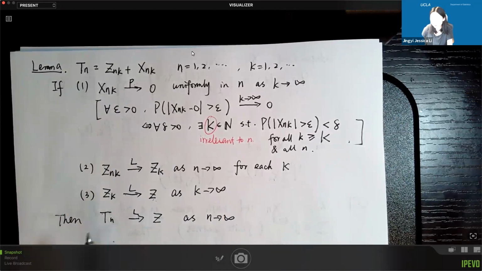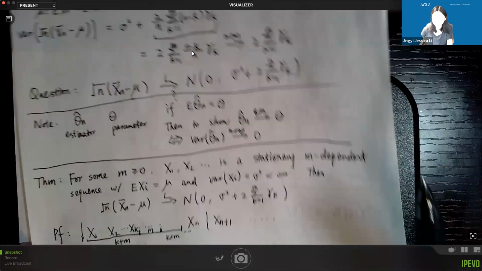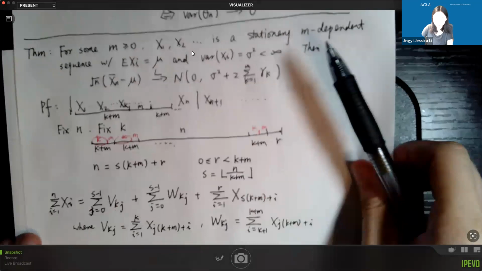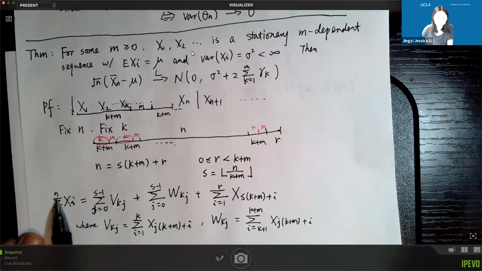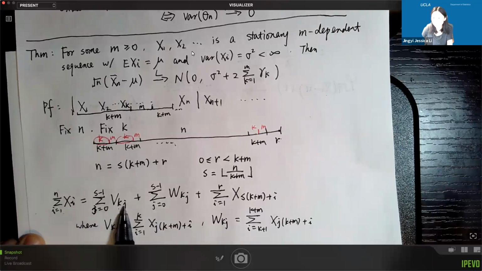Why this is related to our theorem is because my target is only about n, but when I decompose it into three terms, the terms involve K, and K is what I arbitrarily introduced. And ultimately, I want n to go to infinity and K to go to infinity.